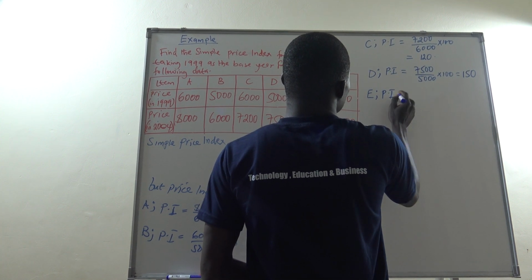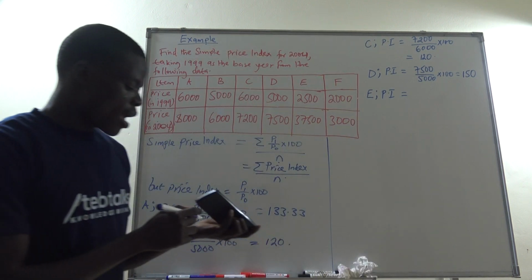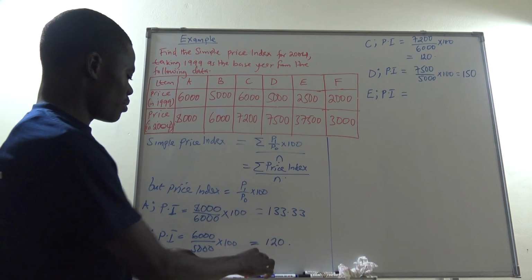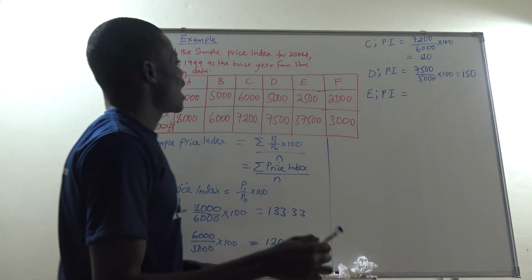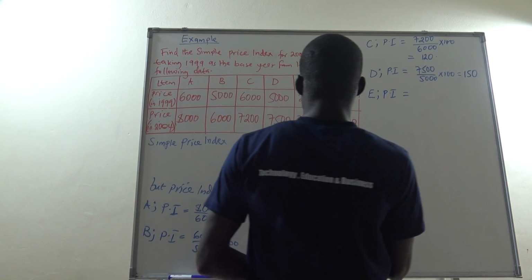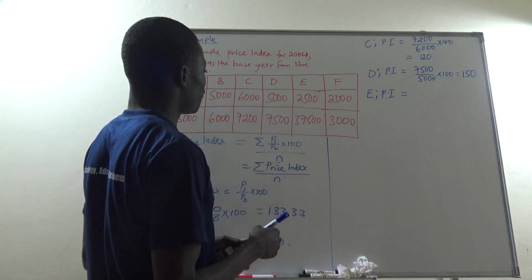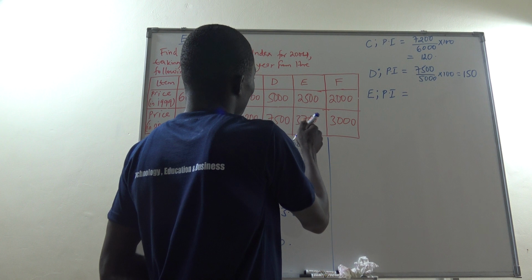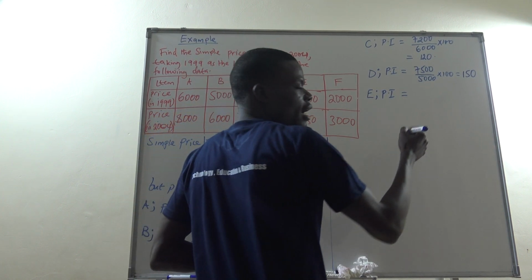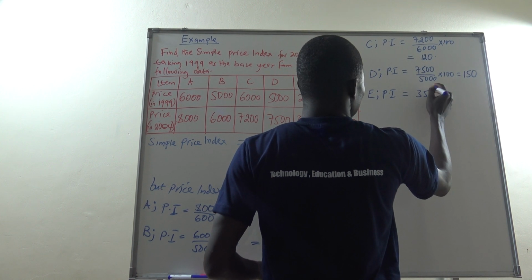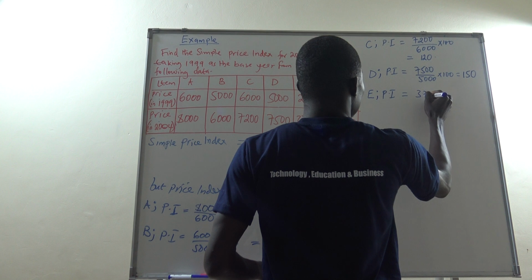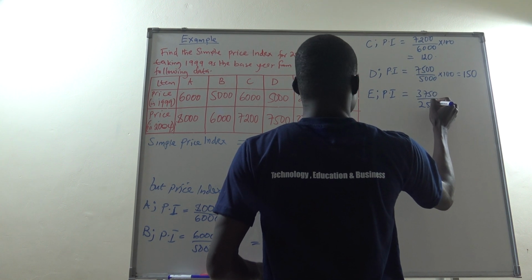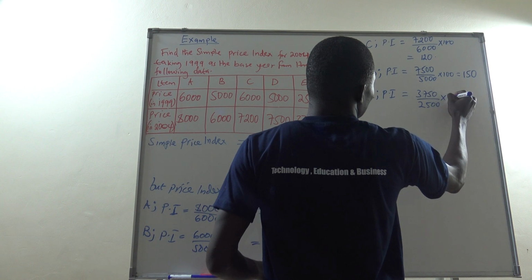For E, our price index is given by the price in the new year or the current year, which is 3,750, divided by 2,500 times 100.